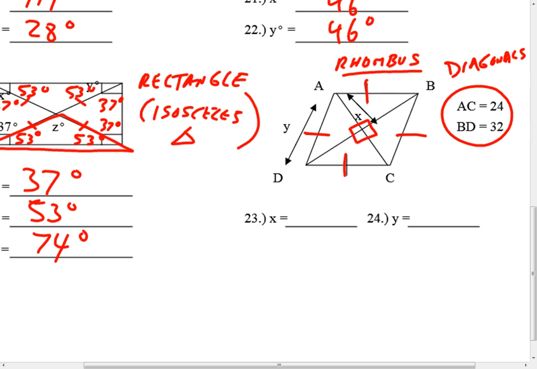It's still a parallelogram, so the diagonals get split, they just don't get split evenly like in a rectangle. So if AC is 24, I know I have 12 here, 12 here. If I've got 32 from here to here, what are the two little pieces? 16 and 16.